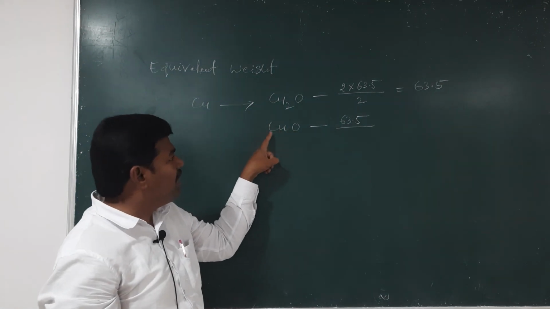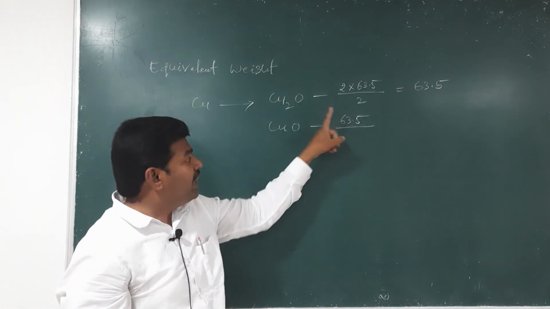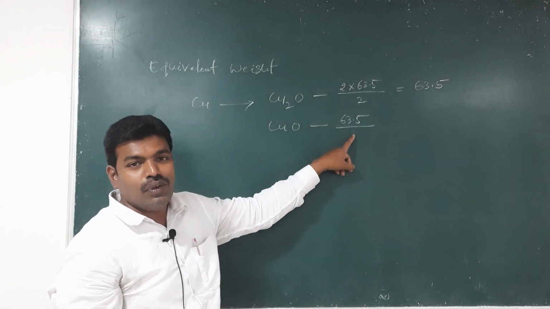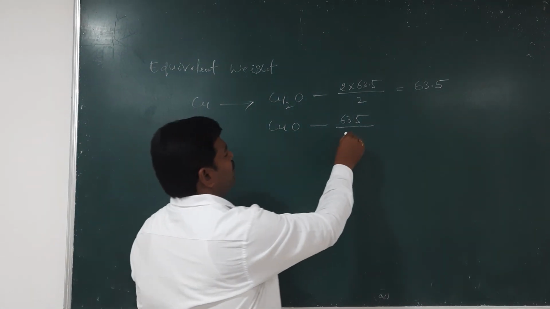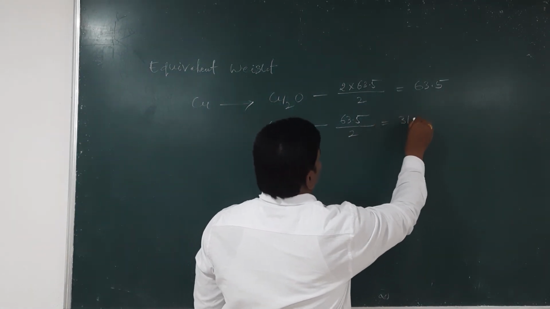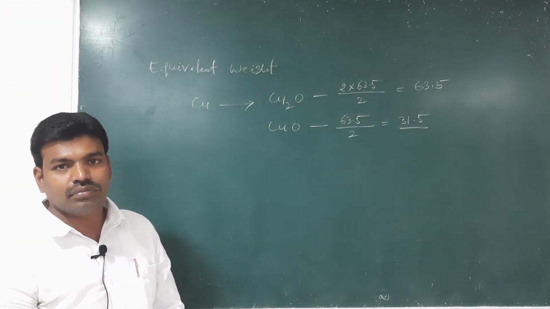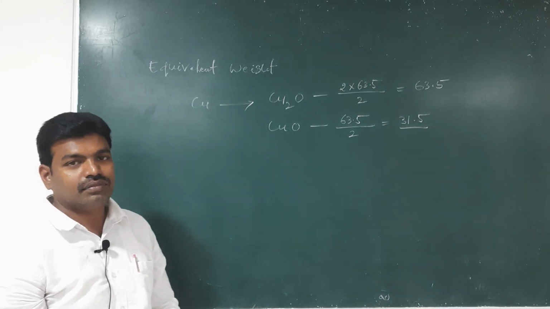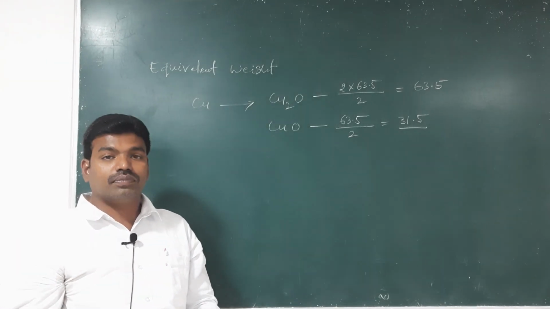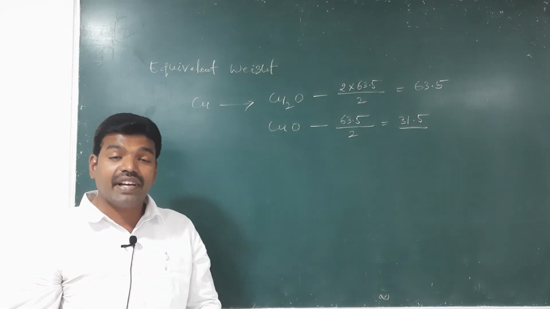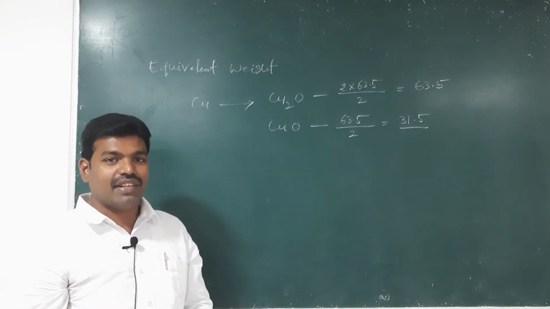So here the element copper has atomic weight 63.5, but it combines with the 2 equivalents of oxygen, that is 63.5 by 2 is equal to 31.5. Of course, with these examples also, you may feel difficulty to understand the concept of equivalent weight.